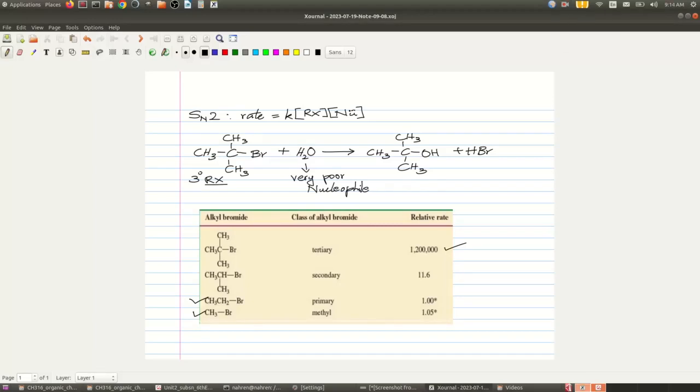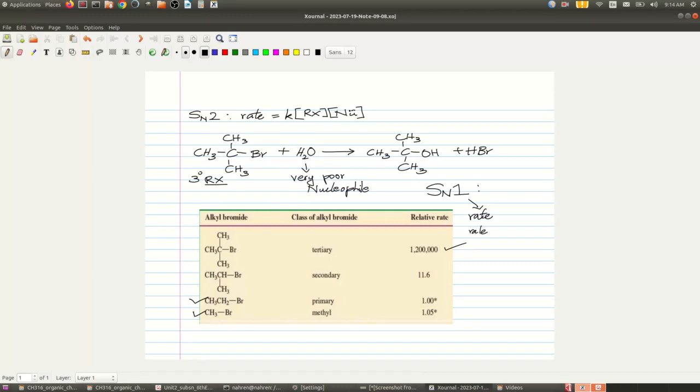So this tells you that the reaction actually undergoes via a completely different mechanism, which is called an SN1 mechanism, which means the rate depends only on one of the reactants.